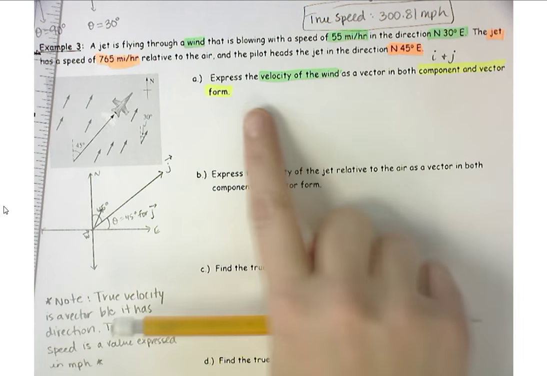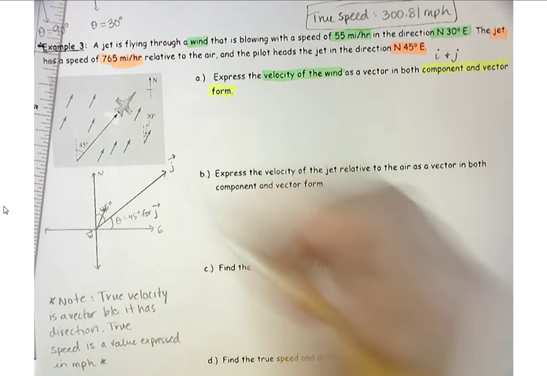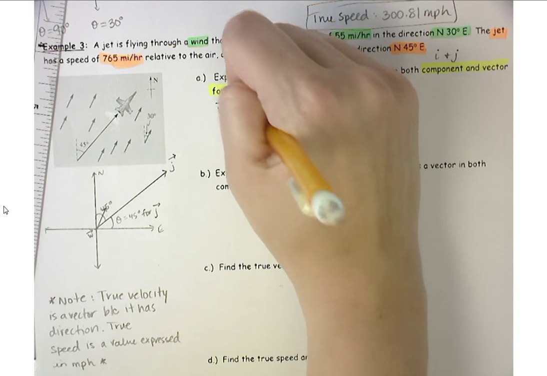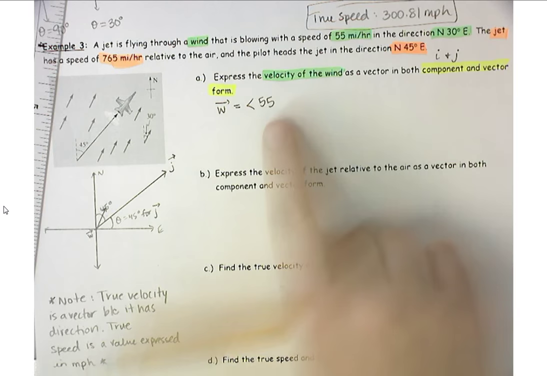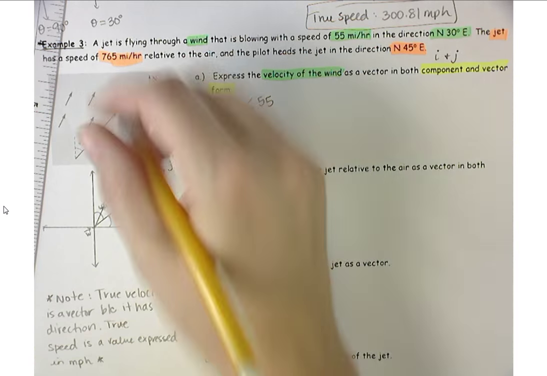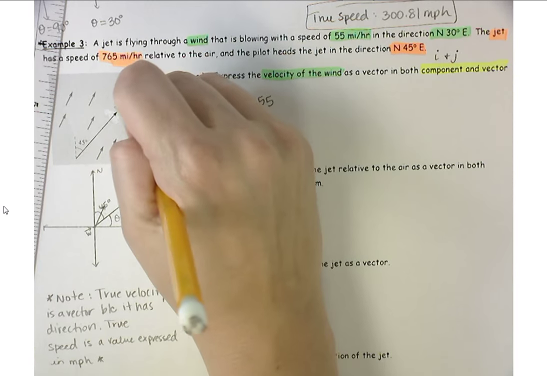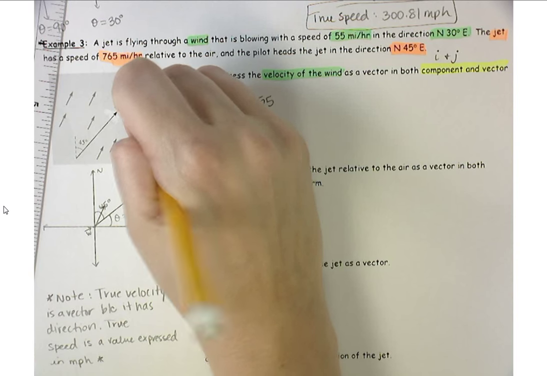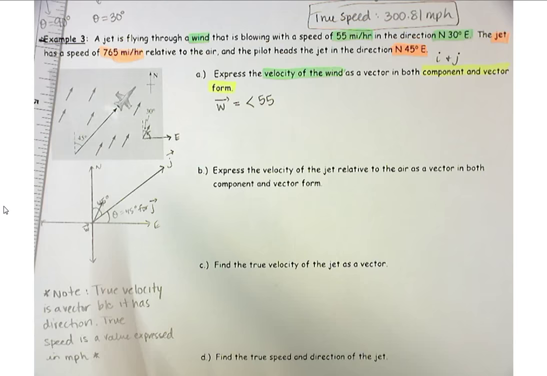So your velocity of the wind is going to be the magnitude, which is 55, its speed. And then if this is 30 degrees, think about what your theta will be, okay? Because theta is going to start east and go up to your 30 degrees.